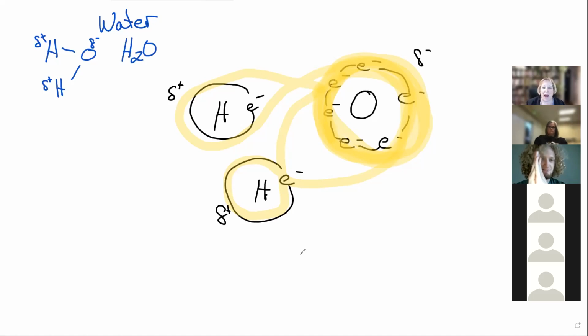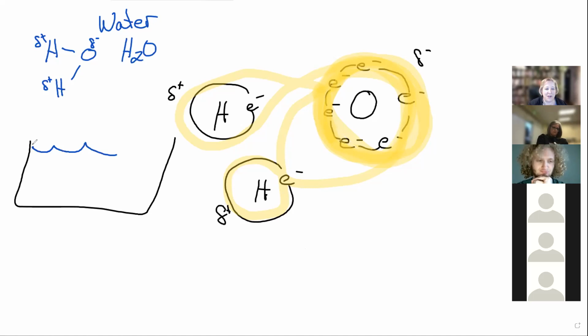How would we describe water? Let's go ahead and set up a fish tank, because I'm going to use the fish tank analogy later. So let's say I've got a fish tank. How would I describe the water versus the oxygen that's coming up from the bubbler?